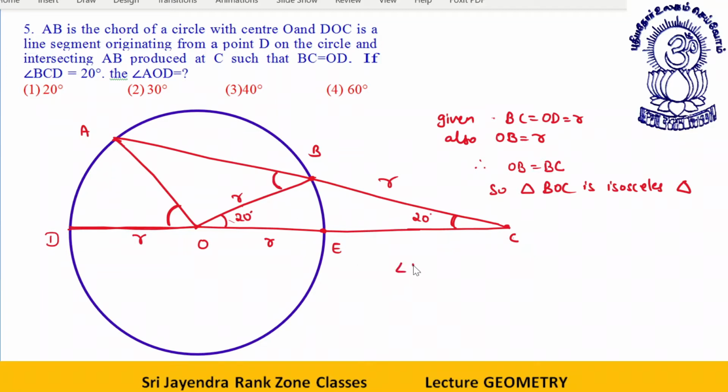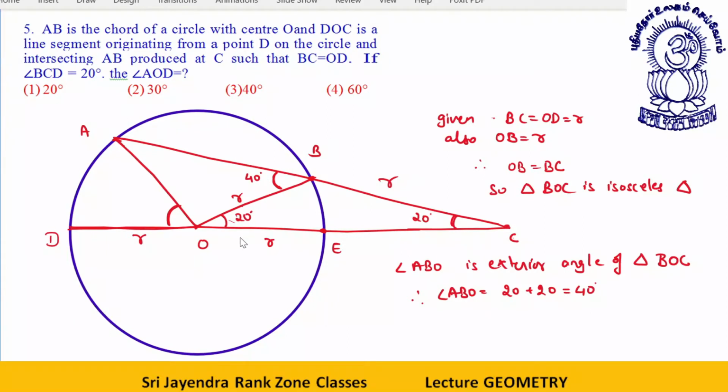Angle ABO is exterior angle of triangle BOC. Therefore, angle ABO will be equal to the sum of these two angles, that is 20 plus 20 degree is equal to 40 degree. You got this angle as 40 degree.